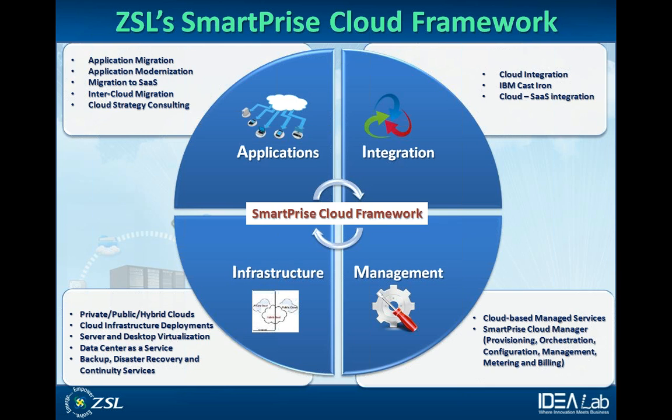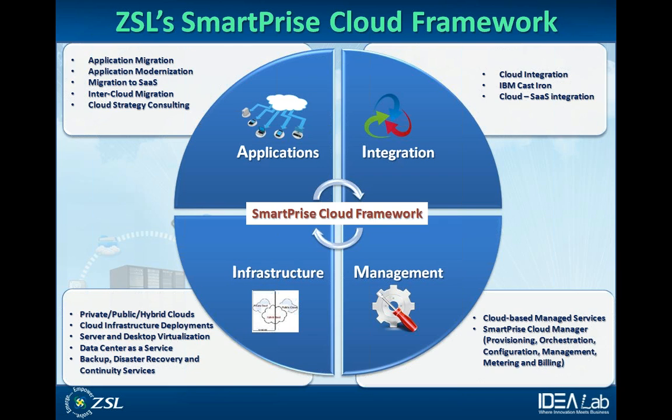The last part of this framework is the infrastructure side of the cloud, being able to deploy private and public clouds, and also to provide the integration and services required to use hybrid clouds. We've done some cloud infrastructure deployments, server and desktop virtualization projects, and extending them into true private clouds.